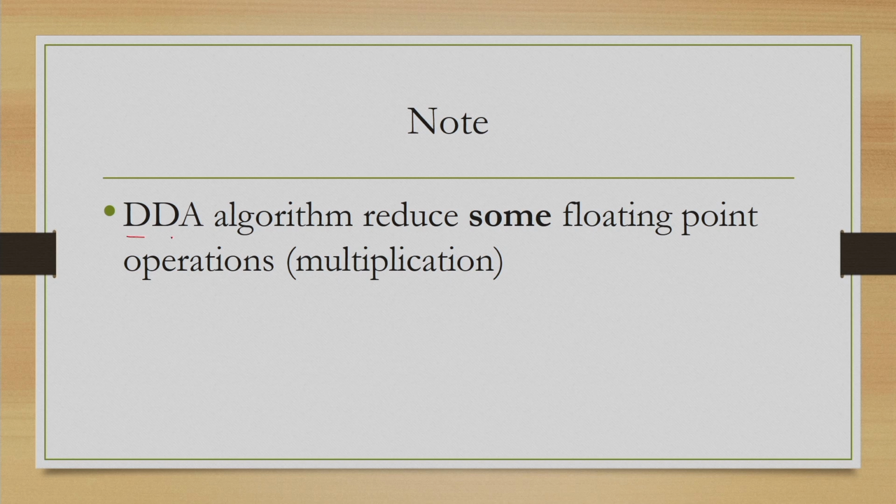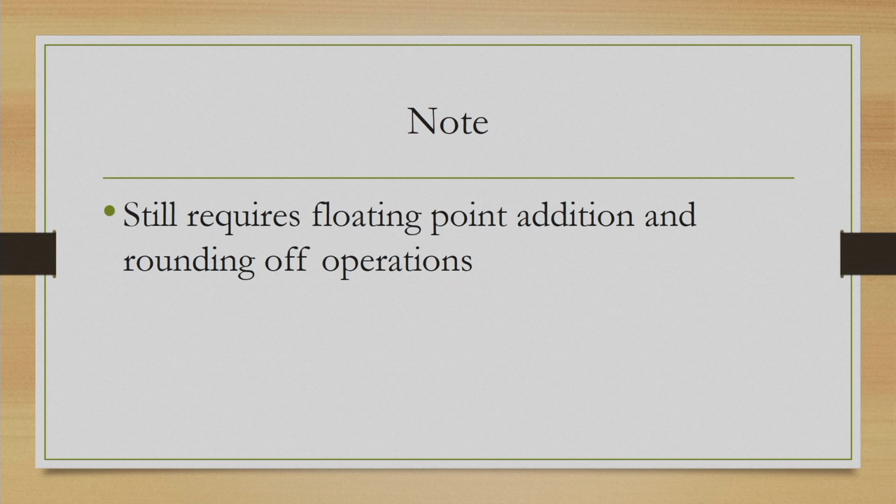With the DDA algorithm, as we have noted, we can reduce floating point operations, but only some of those floating point operations. We cannot remove all. We can only reduce multiplications. That still leaves us with other floating point operations, which are addition and rounding off.